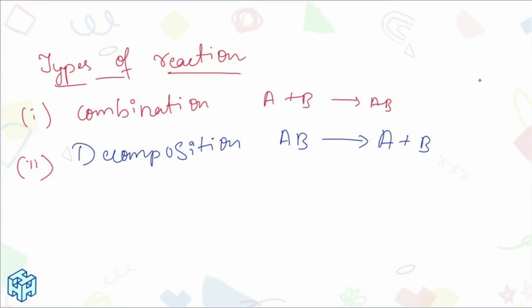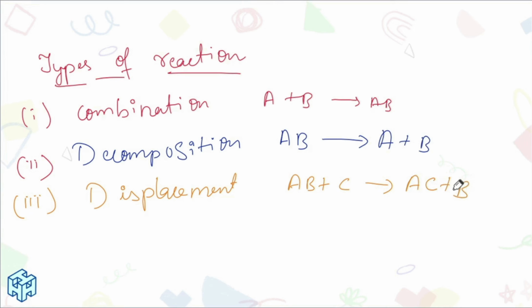Then comes displacement reaction, where A and B are together, C comes and replaces. Now what is the fourth type of reaction?